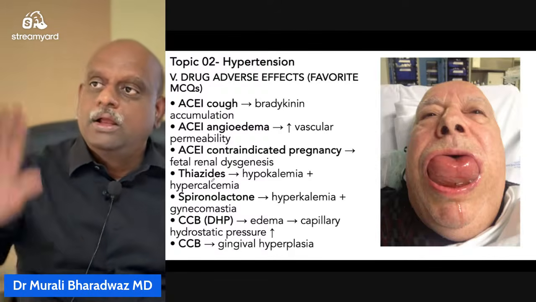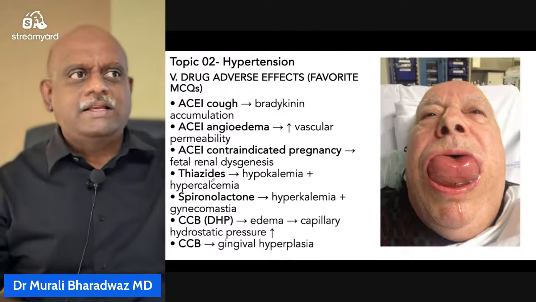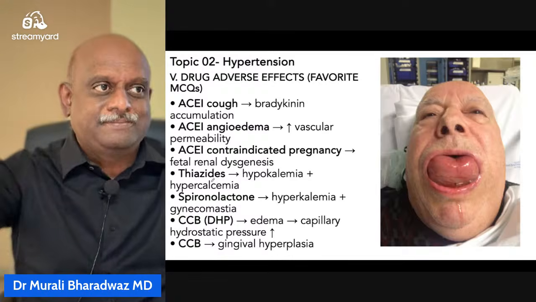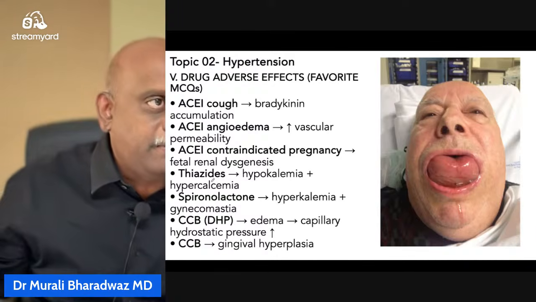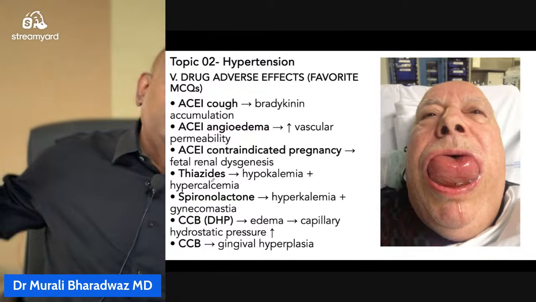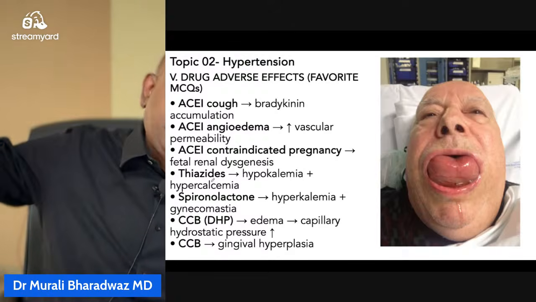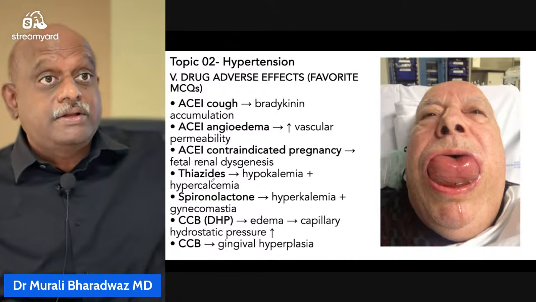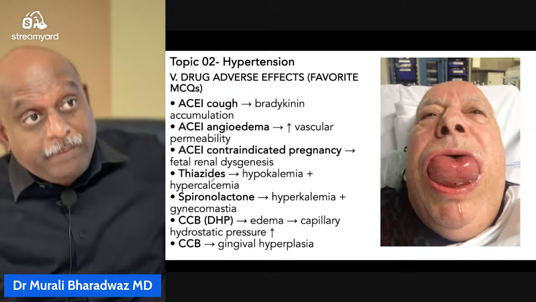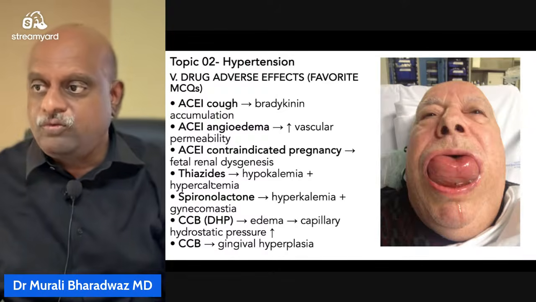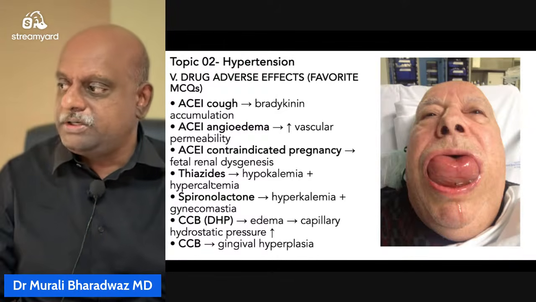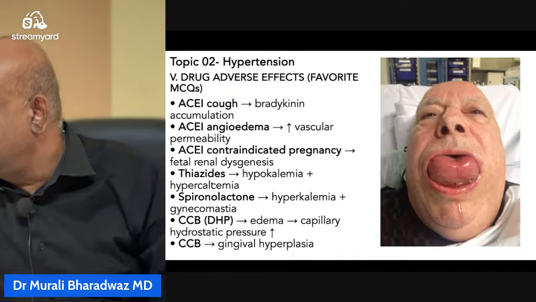Clear? Both loop and thiazide diuretics lose potassium. Hypokalemia is common, but loop diuretics lead to hypocalcemia. Thiazide diuretics retain calcium and lead to hypercalcemia, is what you have to basically remember, doctor.